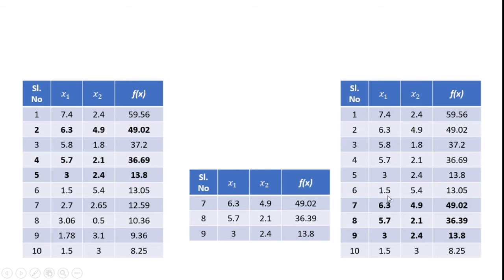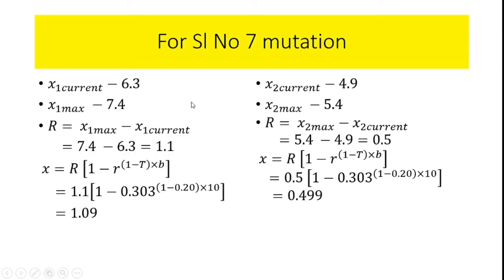So I choose both values, and from this I can find the step size. Here R is equal to x1 max minus x1 current. I substitute 7.4 minus 6.3, and I get 1.1.